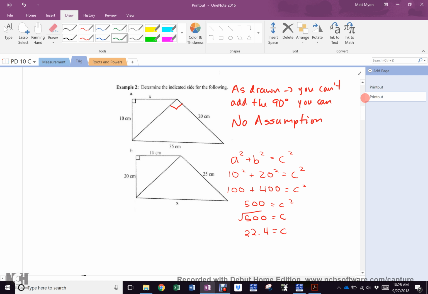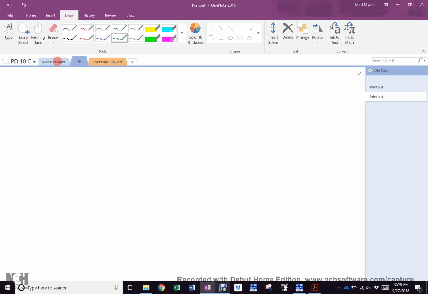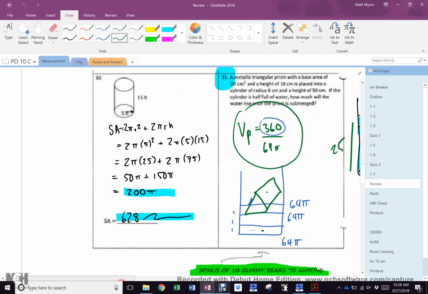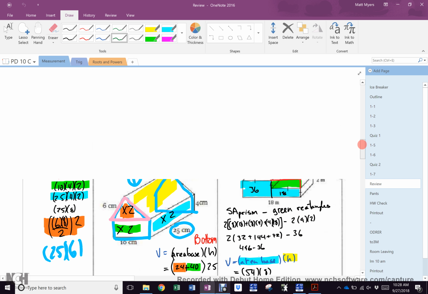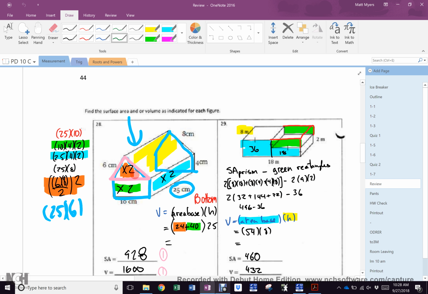Are you allowed to guess? No. Can you use other information to prove it? Kind of like this question, when we proved that was 90 by using 6, 8, and 10.